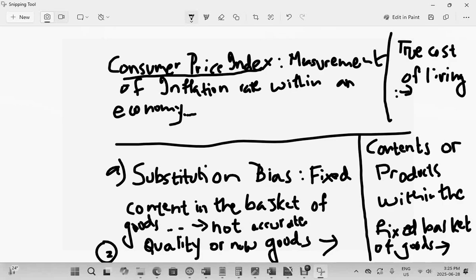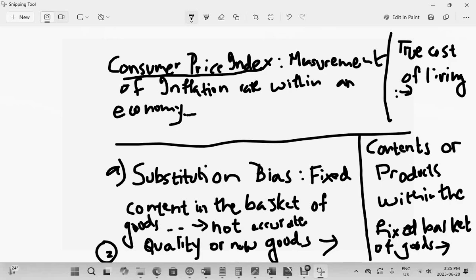So the quality or new goods bias has to do with the rise in the price of fixed baskets overstating the rise in the consumer's true cost of living because of the change in the content of goods, because a new product came out.